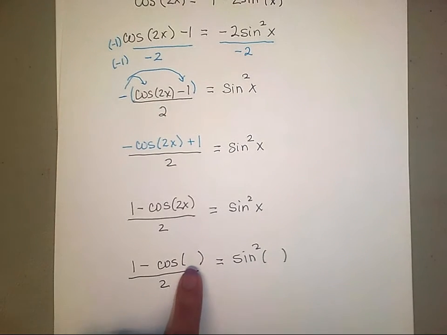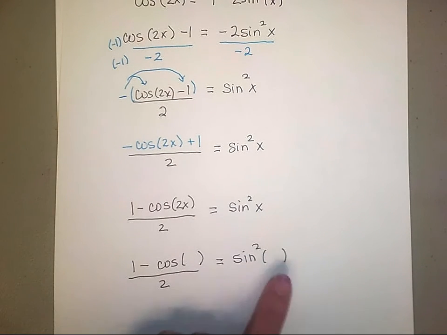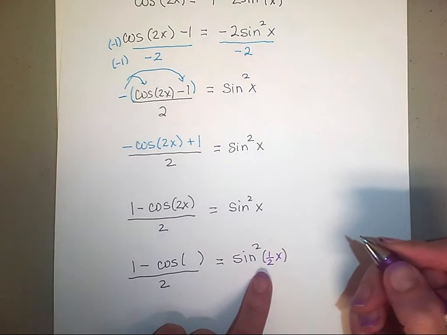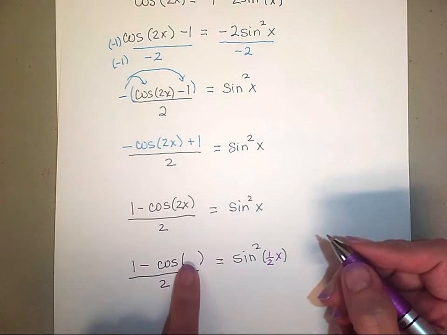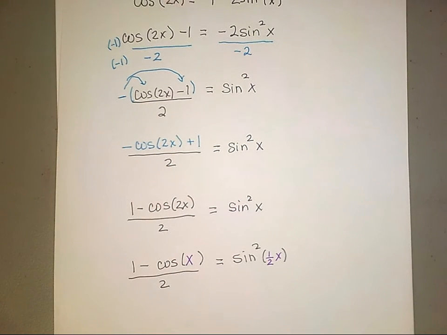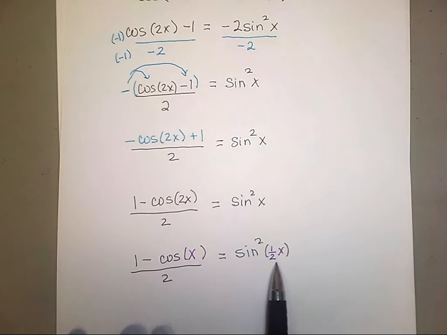I want this angle to be twice as much as this angle, so we're looking for a half angle. If I make this 1/2 x, this angle needs to be twice as much, which is just a single x. You wouldn't have to do this substitution, but now we clearly see that this is a half angle.